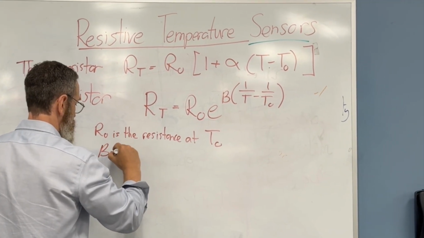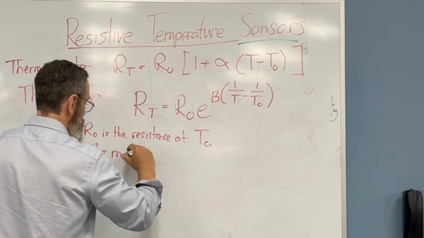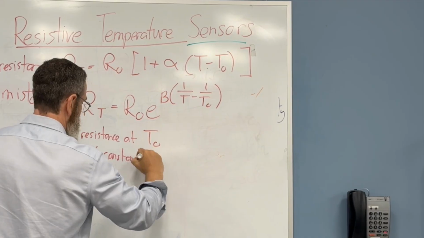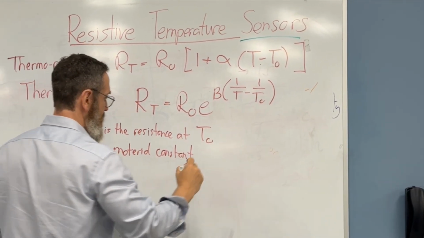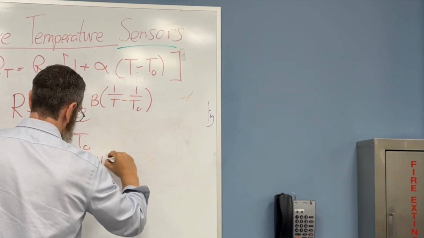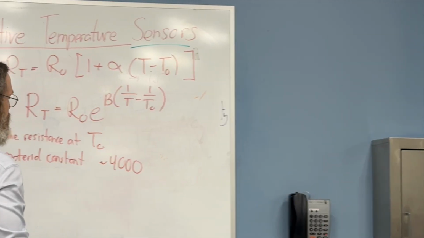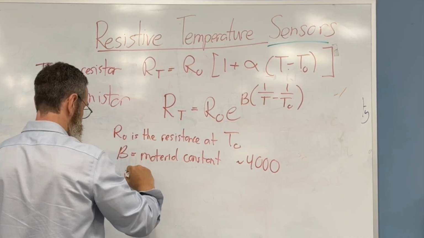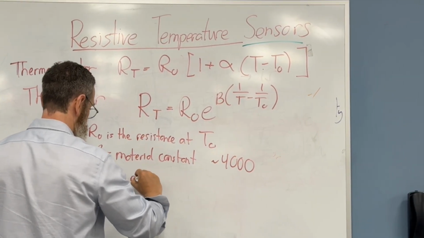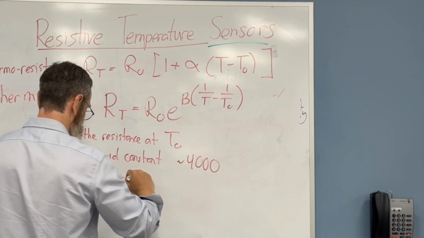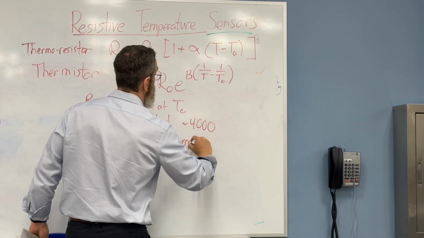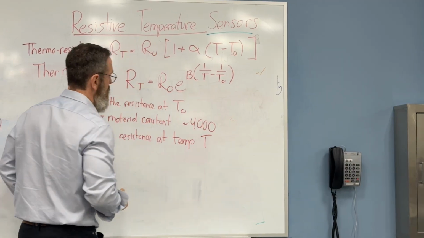Beta is a material constant. It is also a number, and it can be on the scale of about 4,000, and R sub T is the resistance at temperature T.